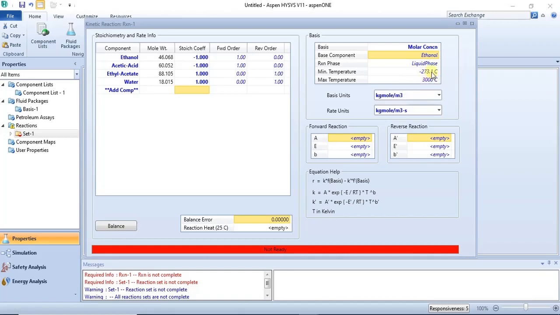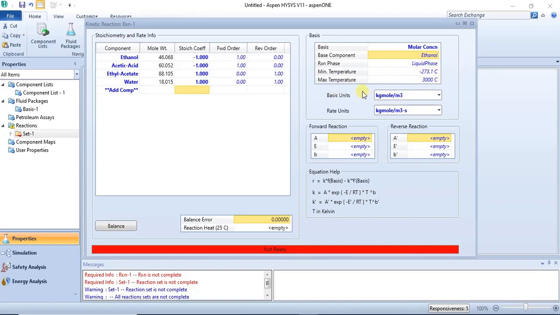So this is like the range in which most reactions occur, right? So you have minus 273 and then max 3000. But I guess you can still change it if you feel like your process may occur above or below this. You can actually edit this and specify the temperature you want as the range, right?